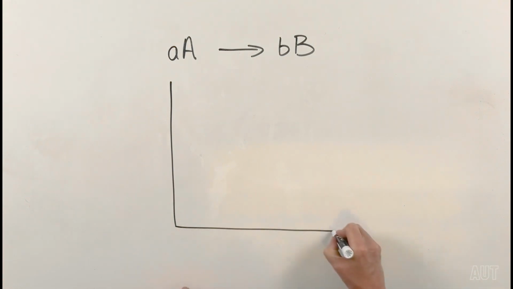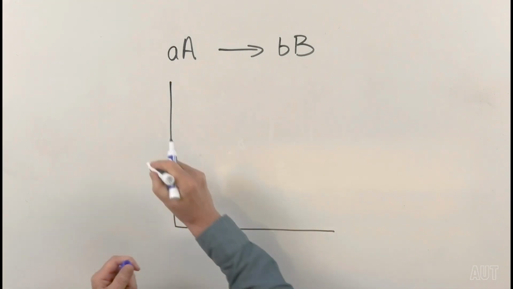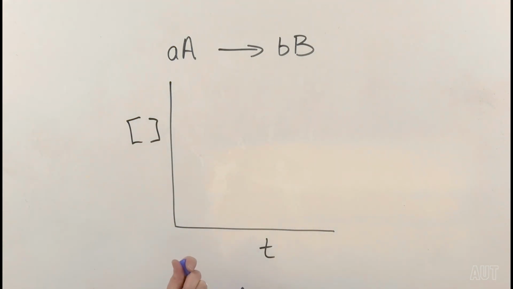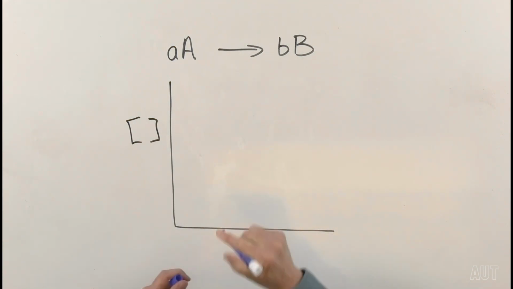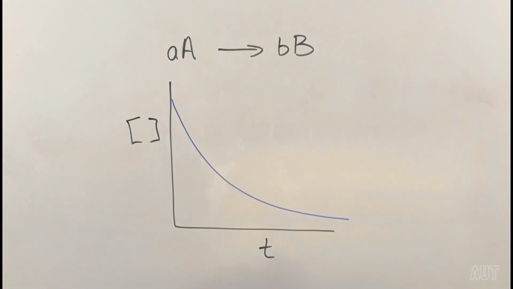Okay. So, if we were to plot the concentration of A and B over time, so our y-axis here is concentration, our x-axis is time, what we might get is something that looks like this. The concentration of A will be decreasing, of course, and it might decrease in a manner like that.